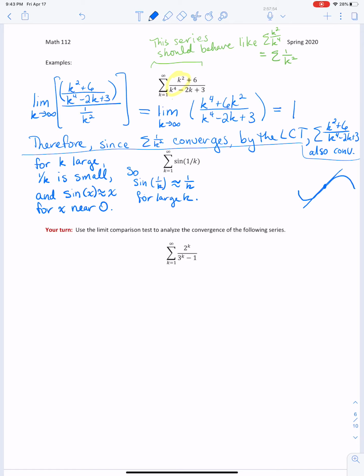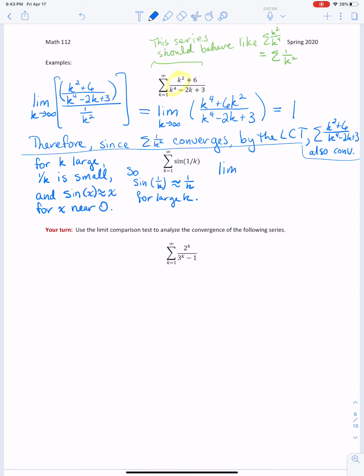Right, so this is telling us that we may want to be using the series 1 over k for our comparison. So let's do that. I'm going to go ahead and erase this little diagram here so I have a little more space. And then let's compute.